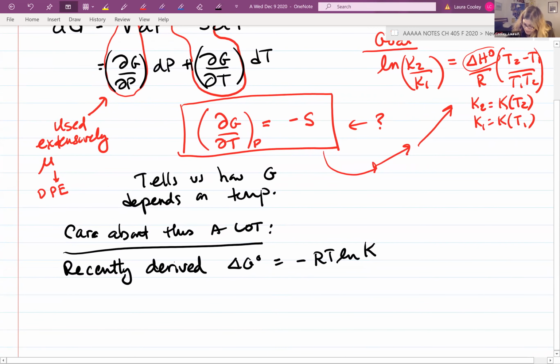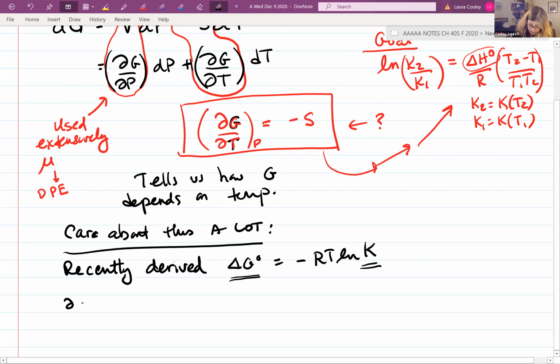But anyway, the dependence of G on T gives us a way into figuring out the dependence of delta G, and that's delta G for a reaction, right? How that depends on temperature, and that is related to how the equilibrium constant depends on temperature.